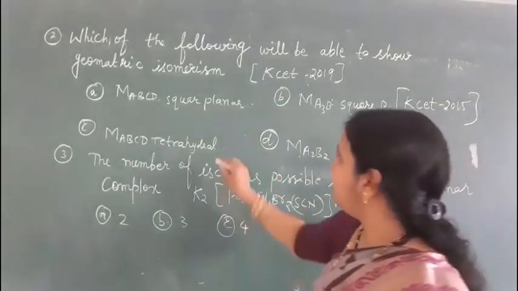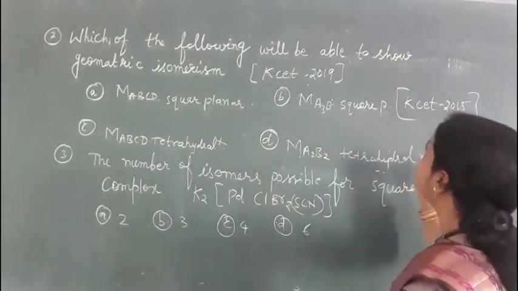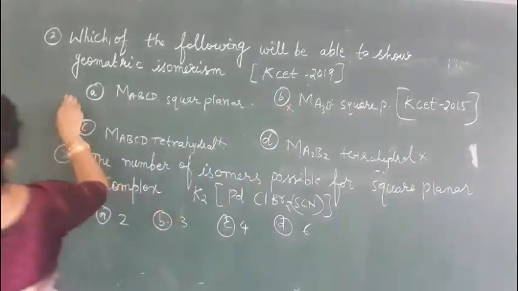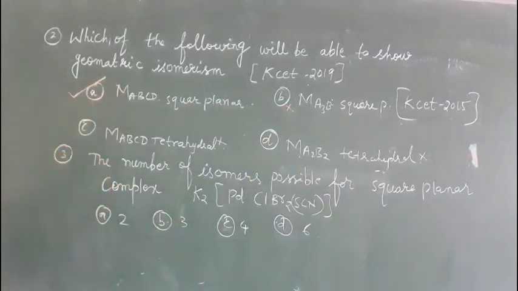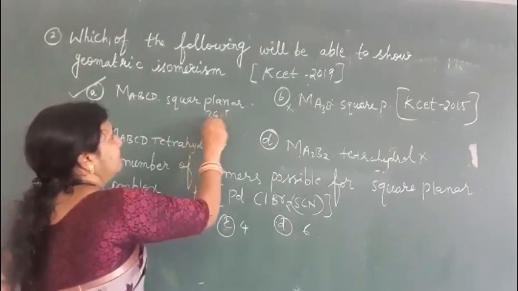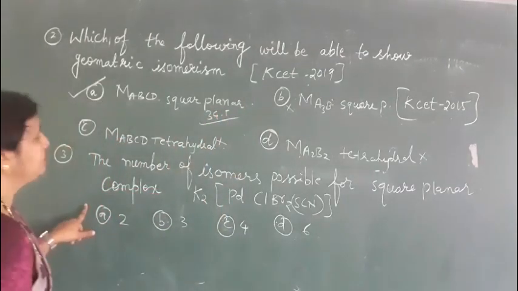In tetrahedral, geometrical isomerism is not possible. A3B is also not possible. So option A is the correct option. MABCD square planar gives 3 geometrical isomers.